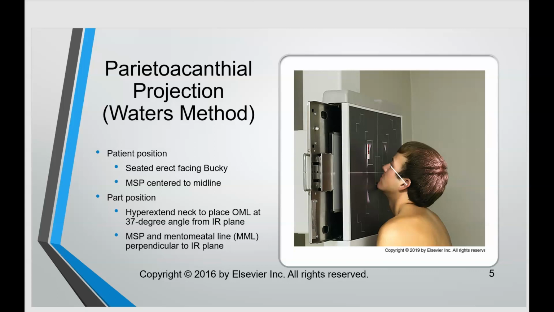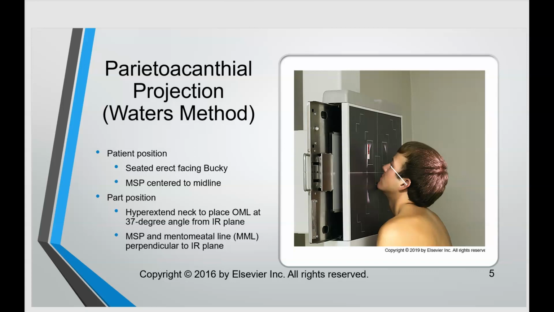Okay, Waters view. So your patient position should be upright, as we had mentioned before. Your MSP is going to be centered to that midline. Make sure there's no rotation or tilt. You're going to hyperextend your patient's neck to place that OML at a 37-degree angle from the IR.